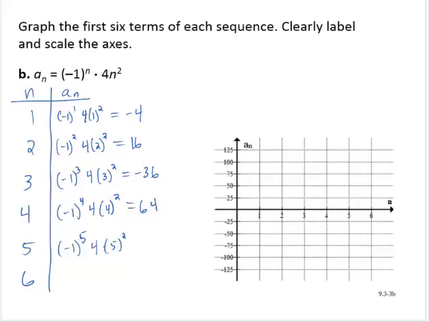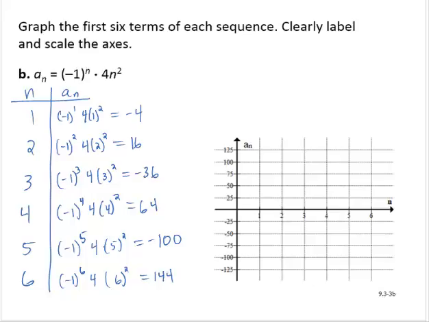Negative 1 to the fifth is negative 1 times 4. 5 squared is 25, so negative 1 times 4 times 25 is negative 100. And finally, n equals 6. I'd have negative 1 to the 6th times 4 times 6 to the 2nd. So that would be 1 times 4 times 36, which is 144.